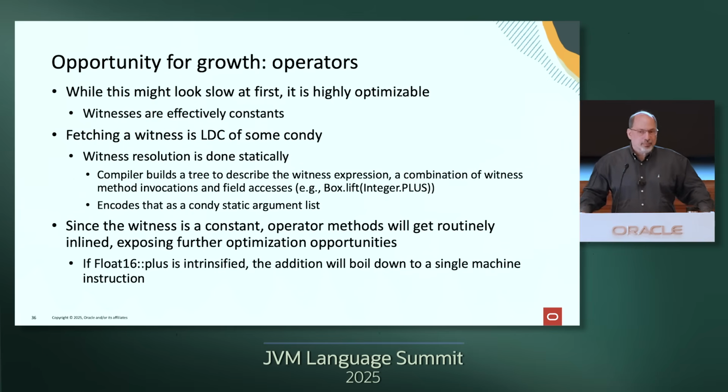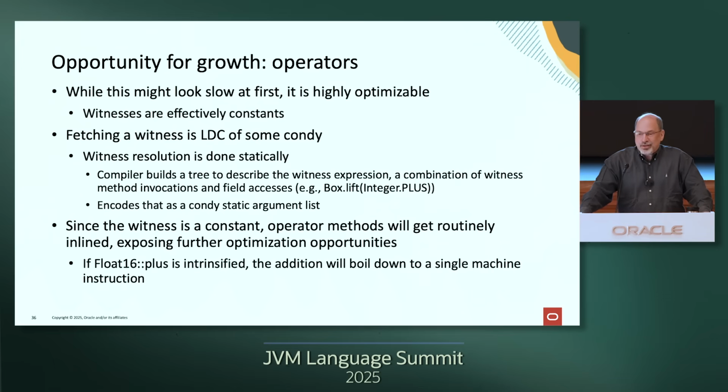And that's pretty cool. It probably looks a little slow at first, you say, gee, that seems like it might be a little slow, but this is where we come back to witnesses as constants. That witness literal is an LDC of some constant defined by constant dynamic.